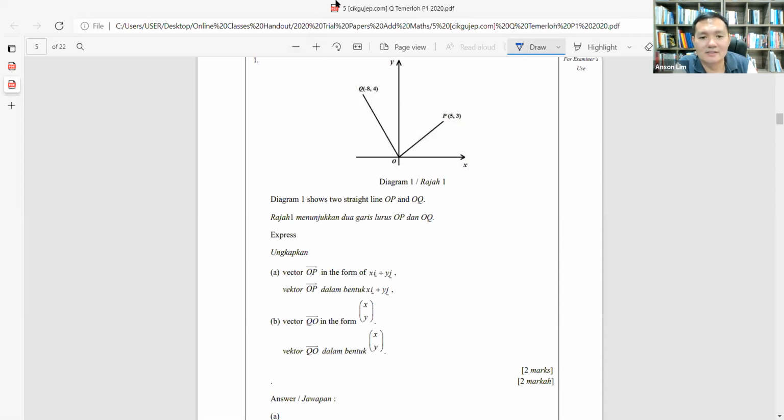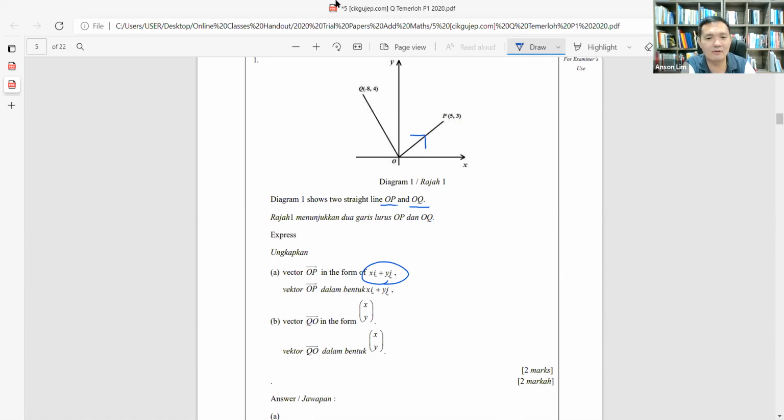Okay, yes. Straight line OP and OQ. They give you already. So they want vector OP in this form. It's a basic question. So all of you get ready and then just write your answer.